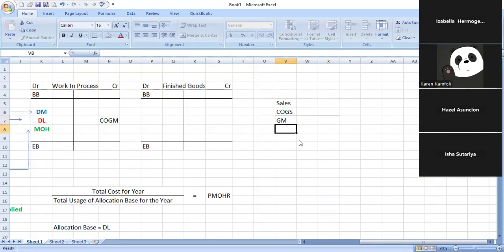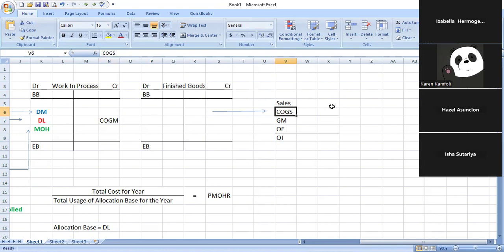Once we have the gross margin, then we're going to have operating expenses. And once we have the operating expenses, then we're going to have operating income. So, cost of goods sold is going to come from the finished goods. But before it comes from the finished goods, we have to produce our product. So for that cost of goods sold, first we're going to have cost of goods manufactured.